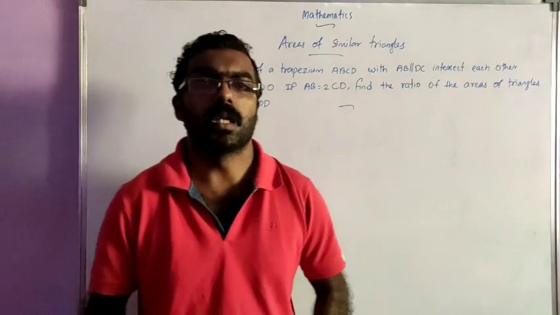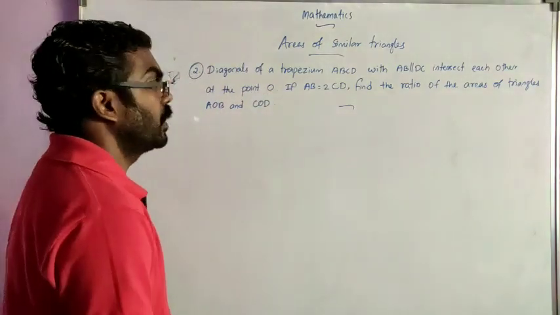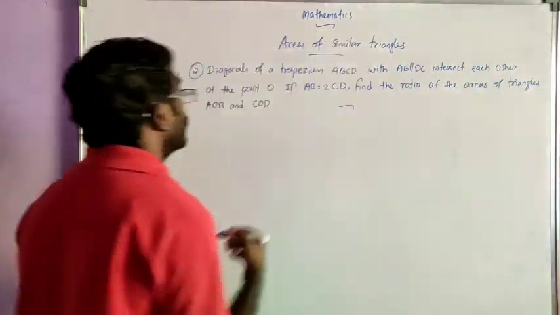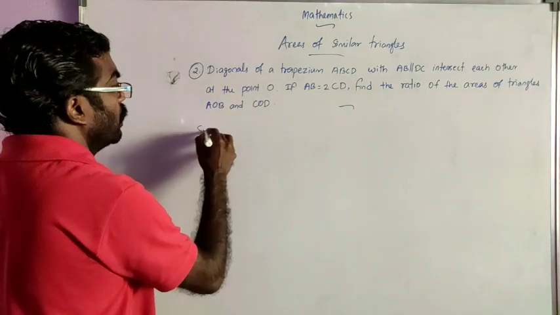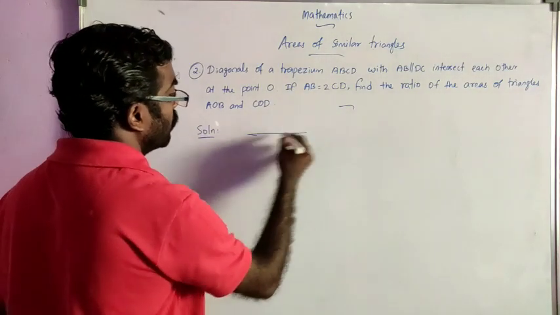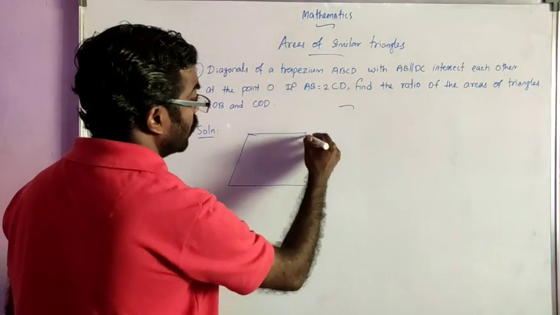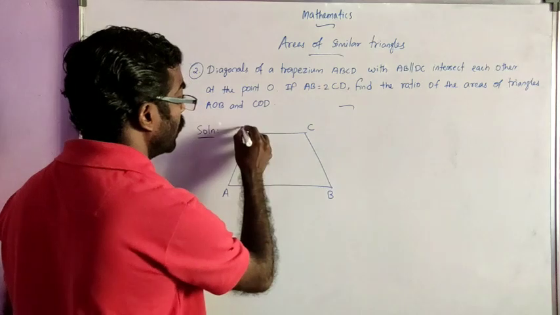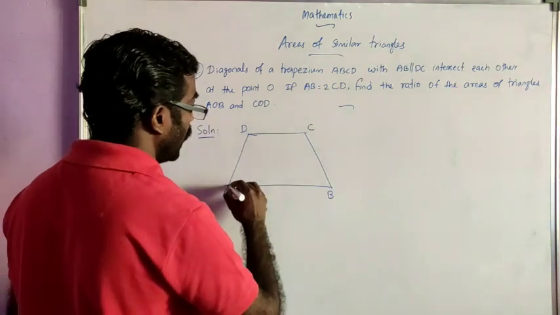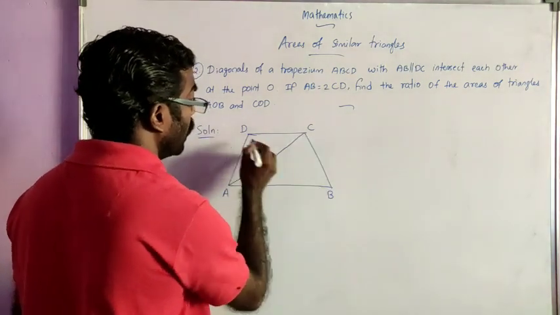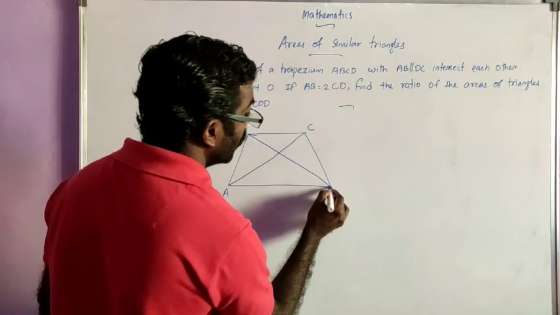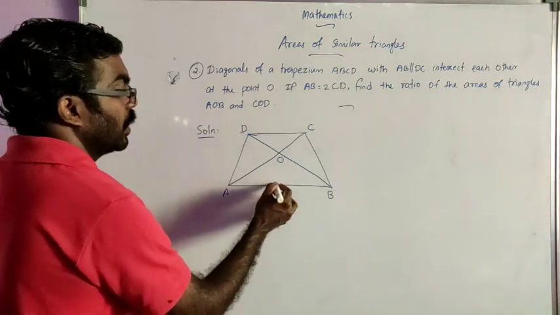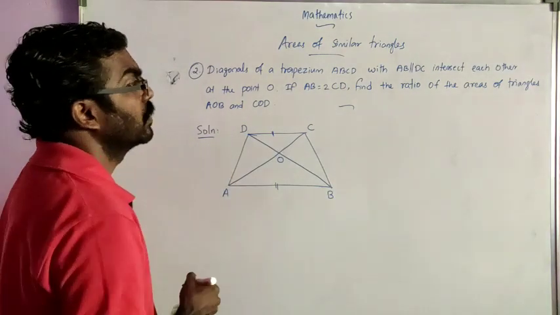Here the second question is, diagonals of a trapezium ABCD with AB parallel to DC intersect each other at the point O. So you can draw the trapezium ABCD in which the diagonals AC and BD intersect each other at the point O. Here AB is parallel to DC.